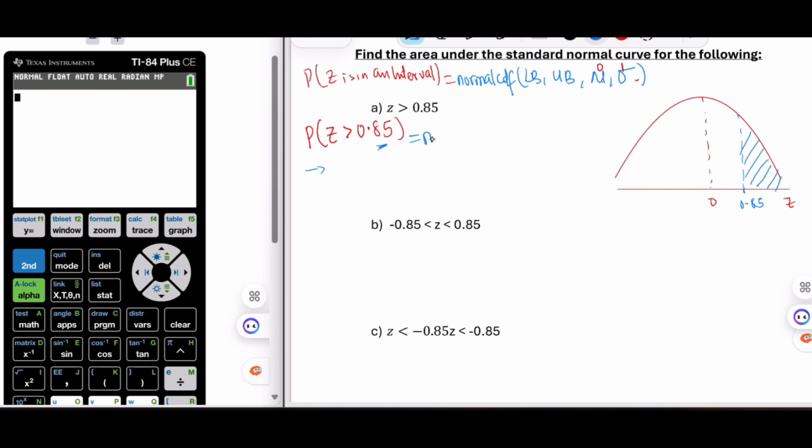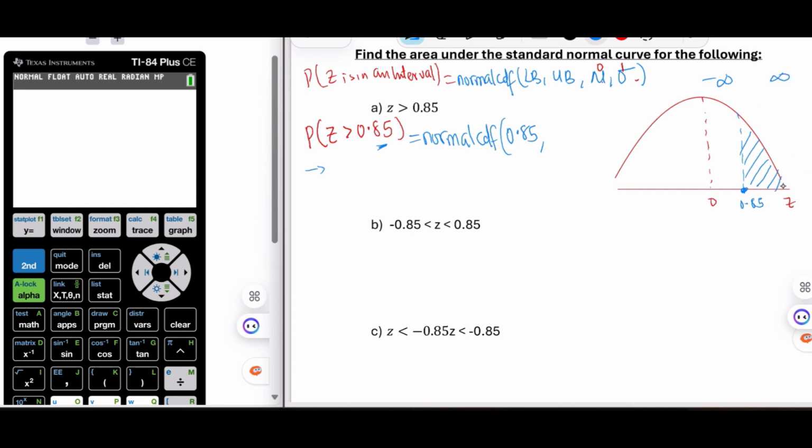Now, using the normal CDF approach, the lower bound is going to be the starting point, which is 0.85. And what about the upper bound? The upper bound is where it ends. A normal distribution is a continuous distribution, so it ranges from negative infinity to positive infinity.